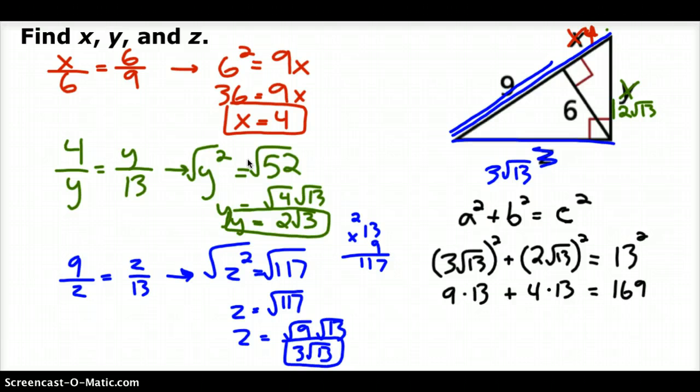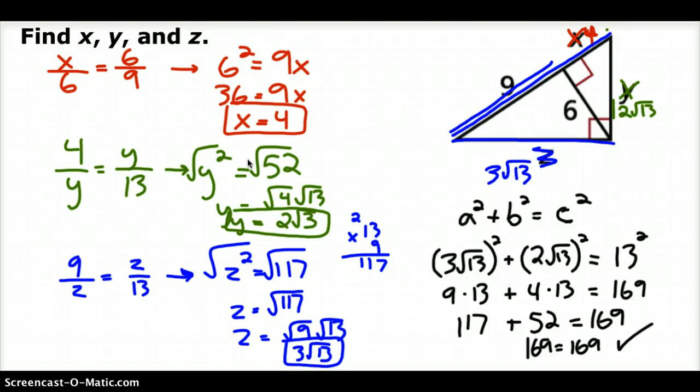So 9 times 13 is 117, plus 4 times 13 is 52. We have to check and make sure that's equal to 169, which it is. So 169 equals 169, and we have actually checked our work there.